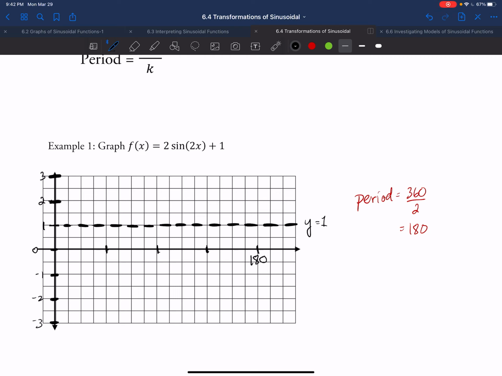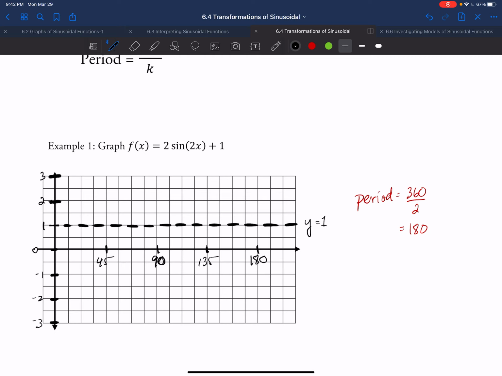So if that's 180, half of that is 90, 45, 135. And so remember, you take your period and divide it by 4, and that will be your sections or your quarters of your period.